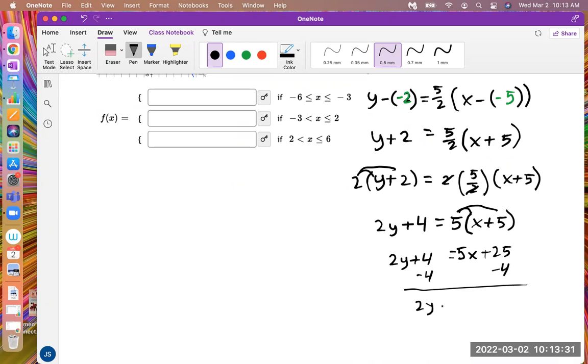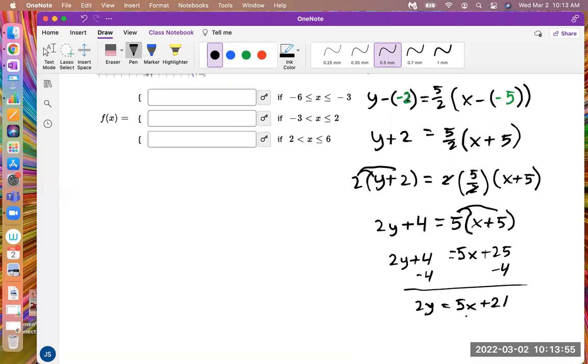I get 2y is equal to 5x plus 21. Okay, then subtract 4 from both sides, and then I get 2y is equal to 5x plus 21.